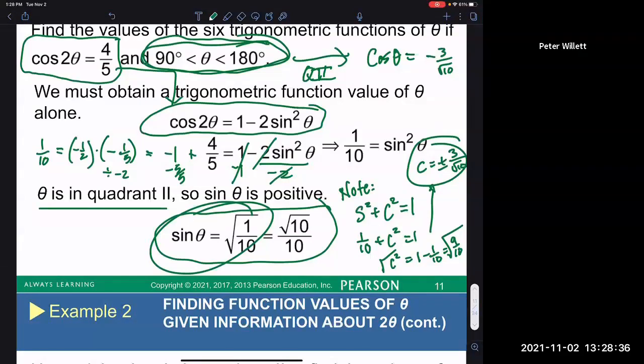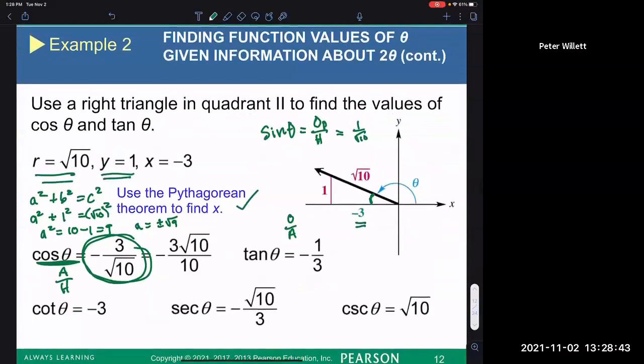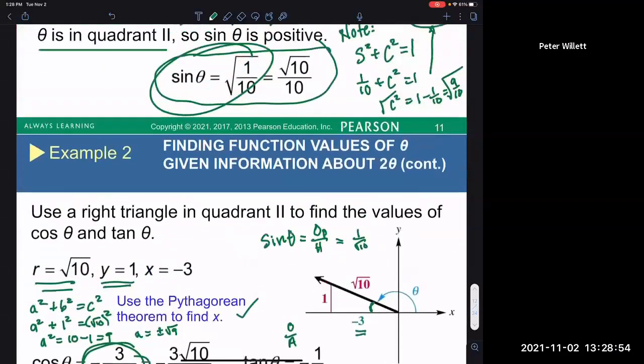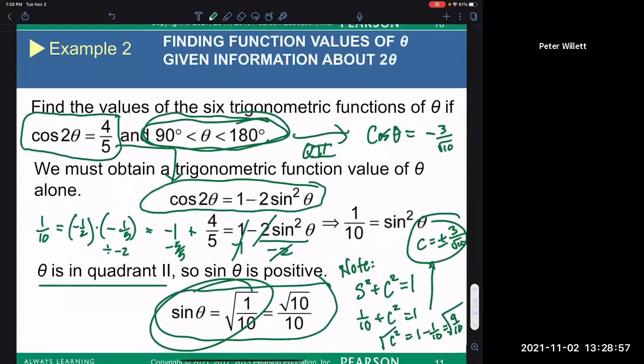Tangent is sine over cosine, cotangent is cosine over sine, et cetera. All right, so there's their triangle approach and the approach that we've used in the past. We began this by being given information about cosine 2 theta and the quadrant that theta was in, and we used that to figure out cosine and sine of theta, ultimately, and all the other functions as well.